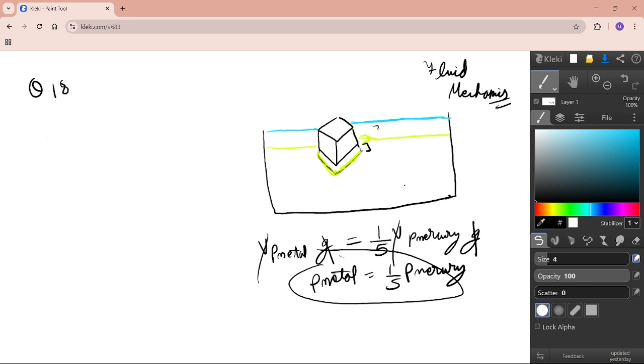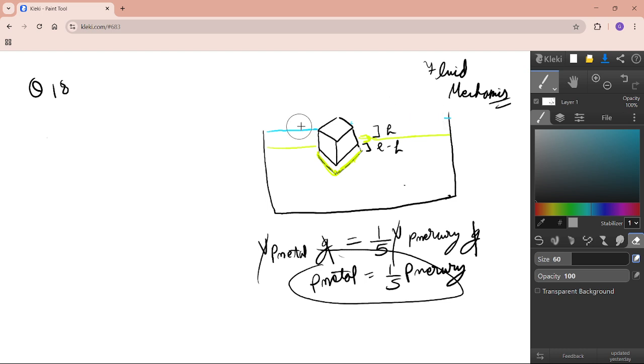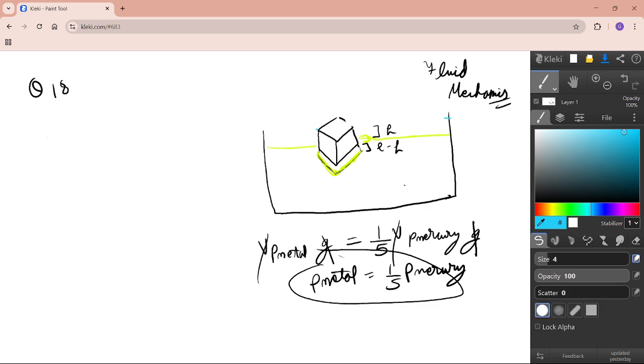Let's assume the height under water is h, and this is, of course, the edge minus h, inside the mercury. Actually, the diagram is a bit wrong from the perspective. It should be something like this. Anyways, so you have equilibrium.